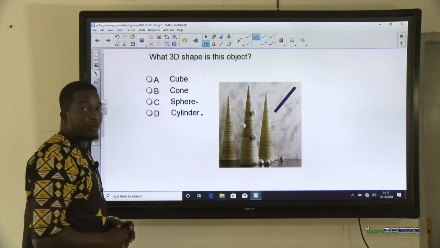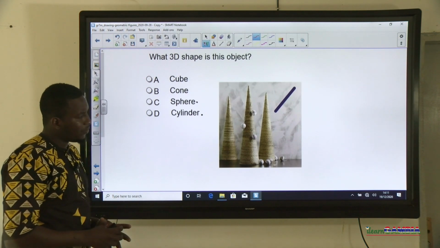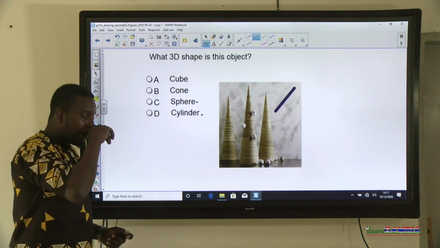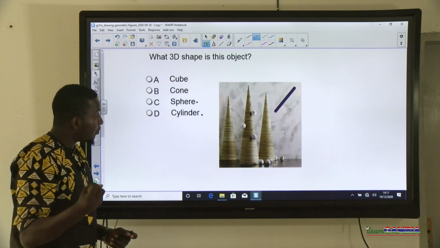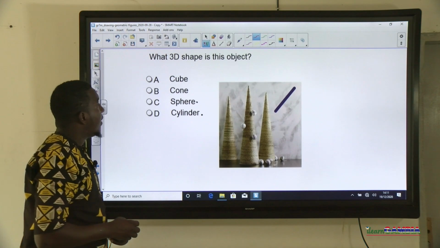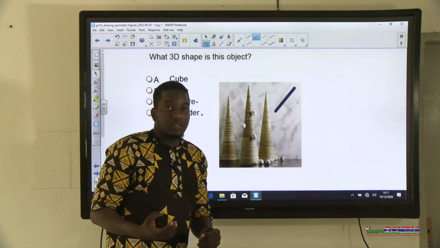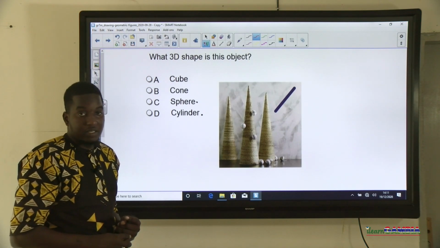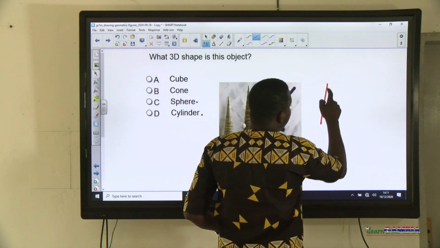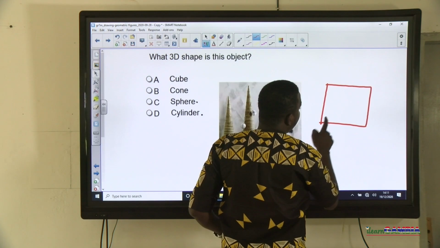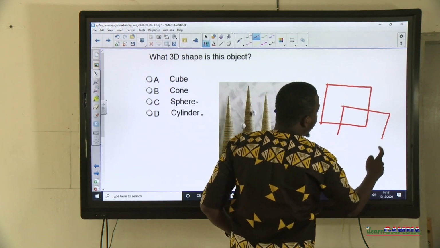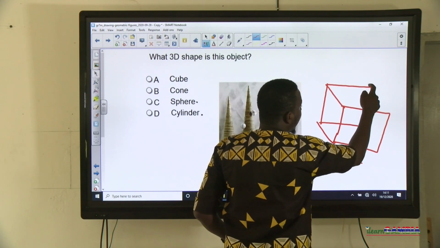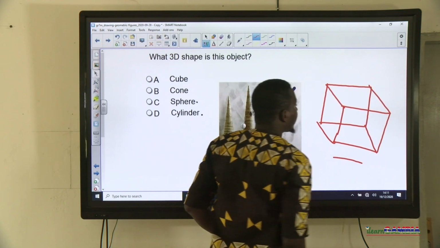The first one says a cube. In our previous lesson, we talked about cubes, and we said cubes are three-dimensional shapes or solid shapes that have 6 faces, 12 edges, and 8 vertices. Like the example of a cube here. Remember, all the faces are equal, 6 equal faces.